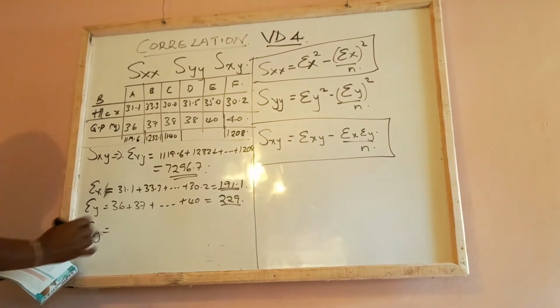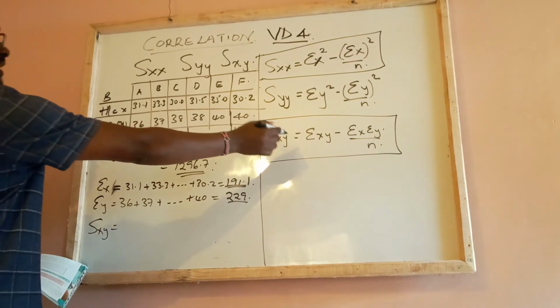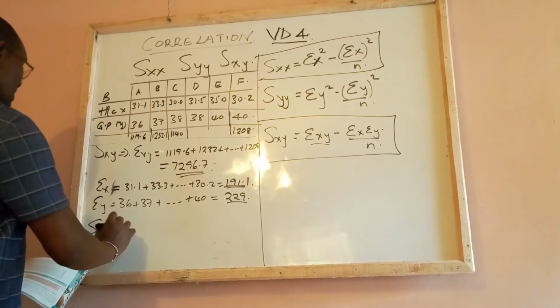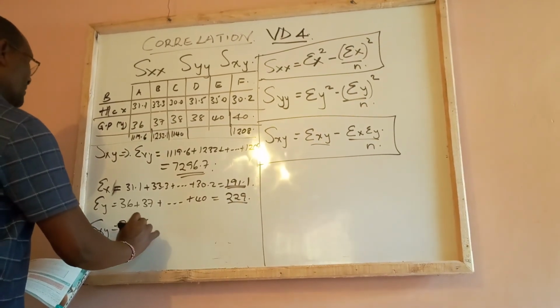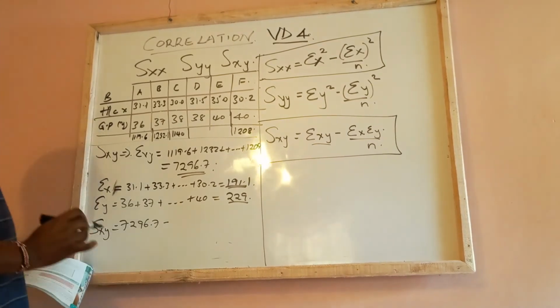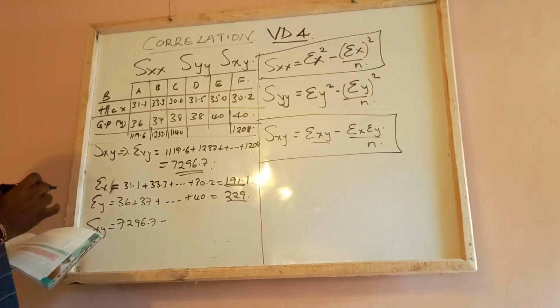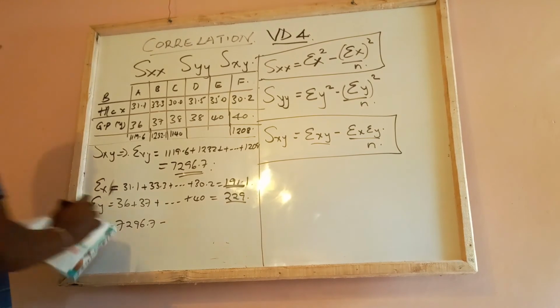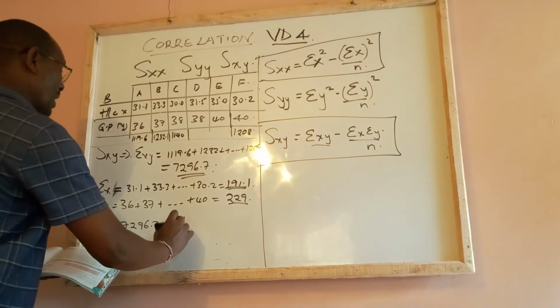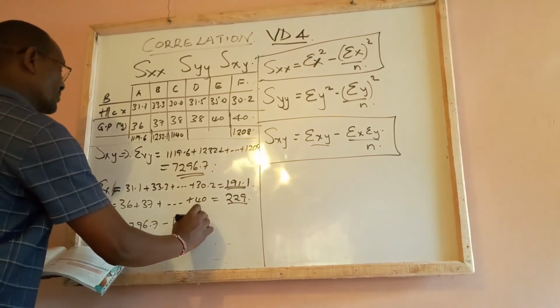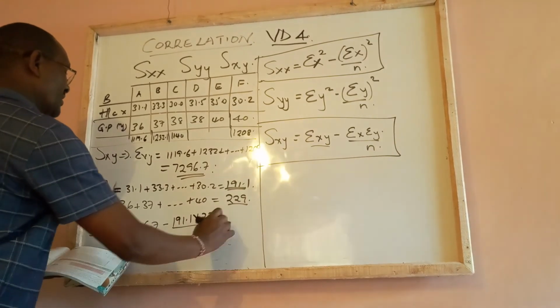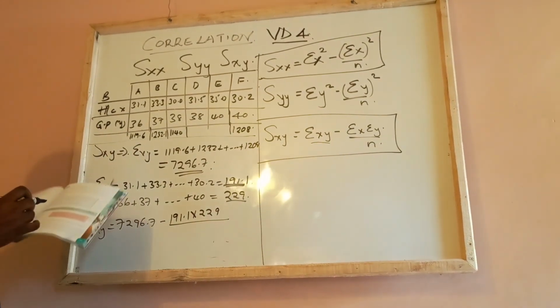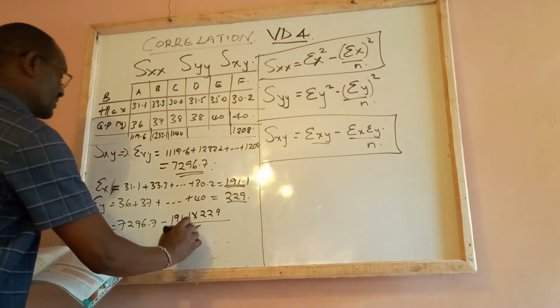Now, Sxy is given by sigma xy, which is here, 7296.7, minus sigma x times sigma y, which is 191.1 times 229, this part over the number of entries, which is 6.